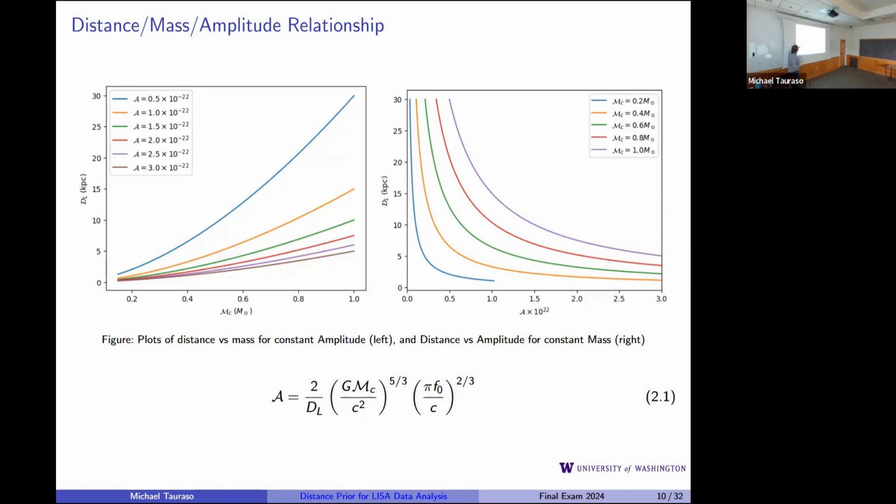So you can see that if you have something that's fairly faint, not a very loud gravitational wave, it's either something that's pretty light and pretty close, or it's pretty heavy and pretty far away. And this is the same idea, but they're constant masses with the amplitude along there.